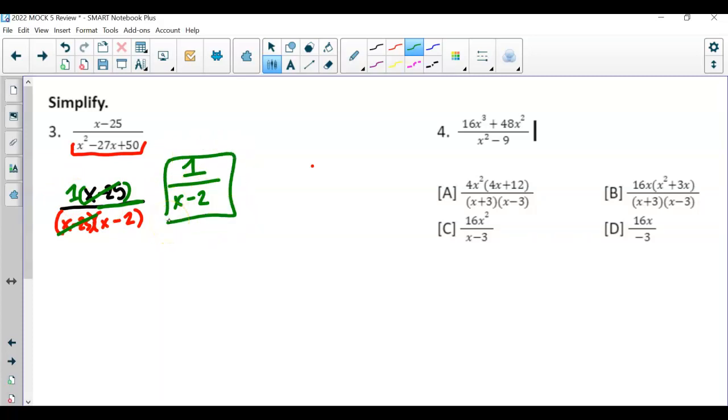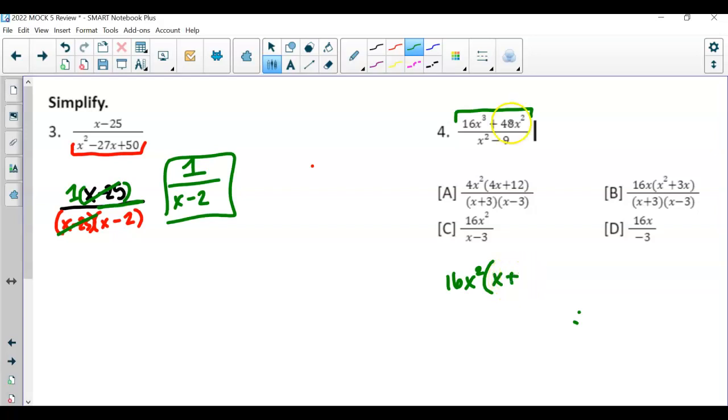Question number 4. Again, here we're focusing on the numerator. I do have a GCF, not just 16, but notice how many x's I have at least between the two terms: 2 x's. So I can take out 16x squared. Before I had 16x cubed, which means I still have one more x.